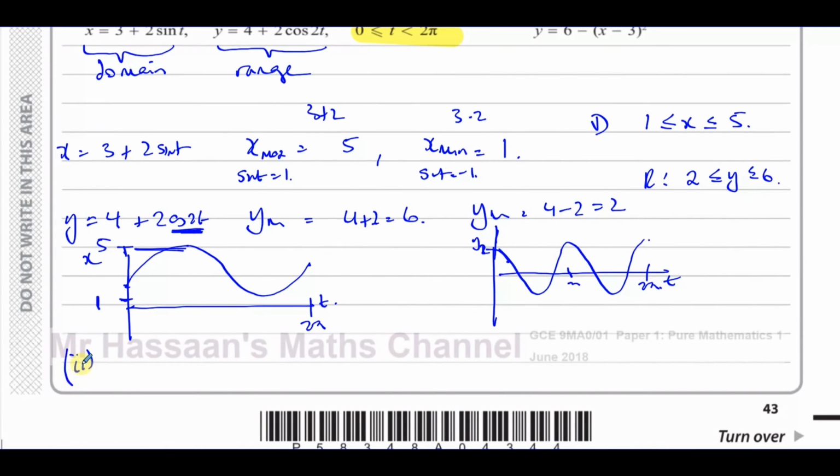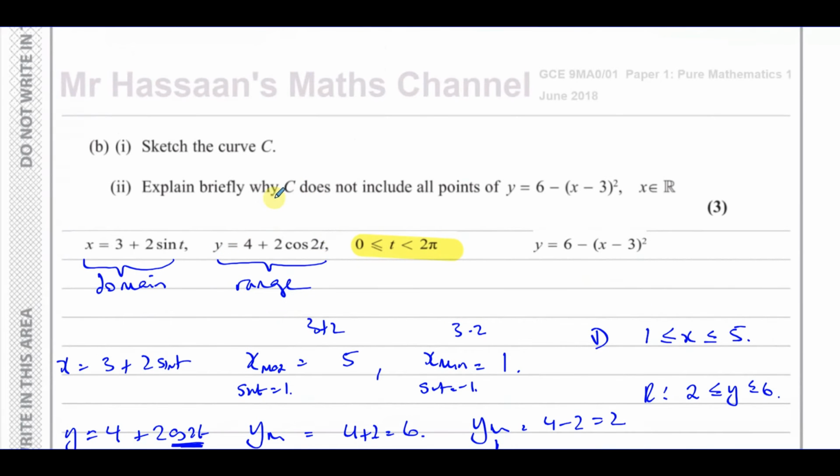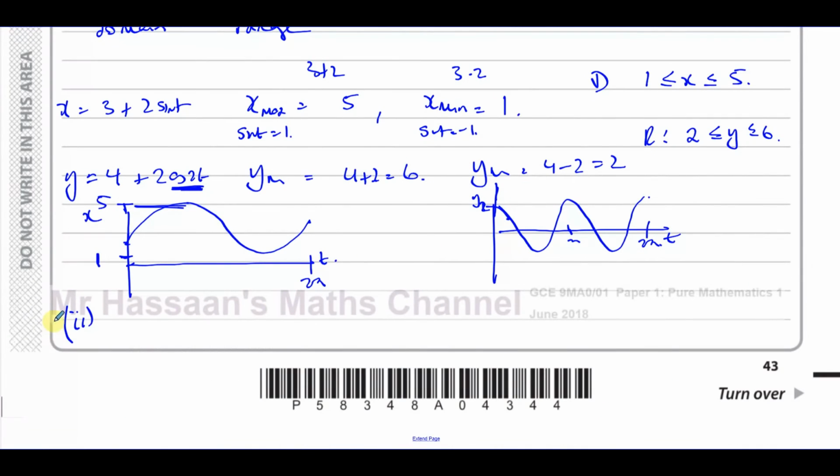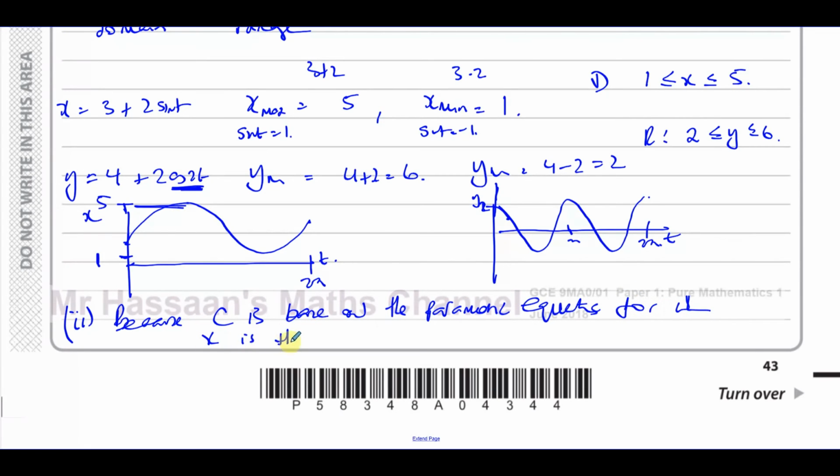There are some restricted values. Explain briefly why C does not include all the points. We can say because C is based on the parametric equations for which X is the domain and Y is the range, and there are restrictions.